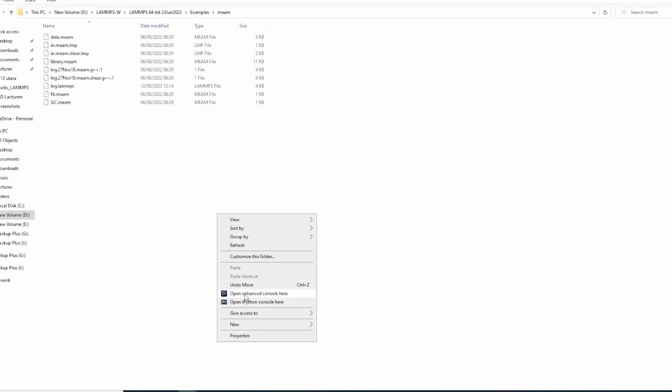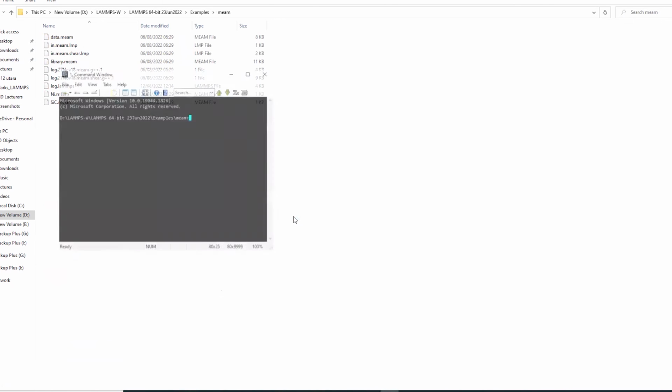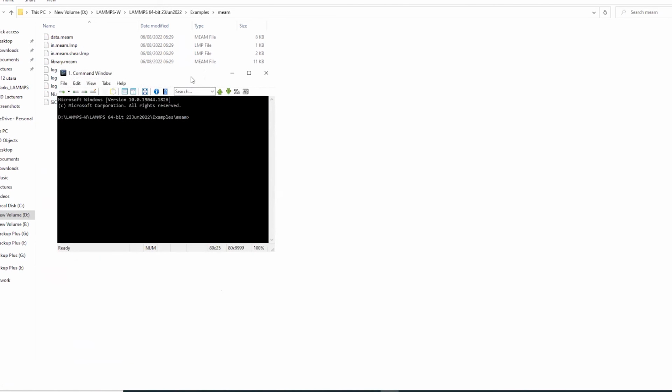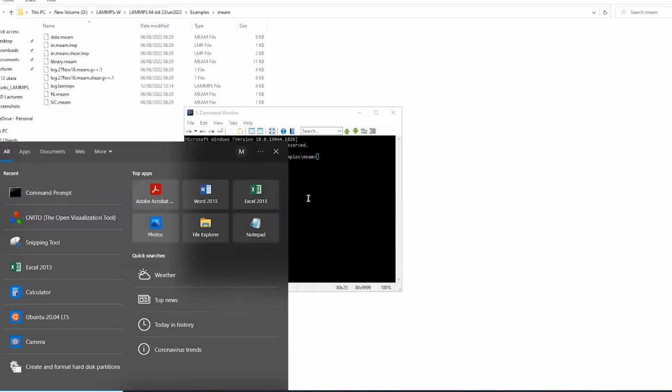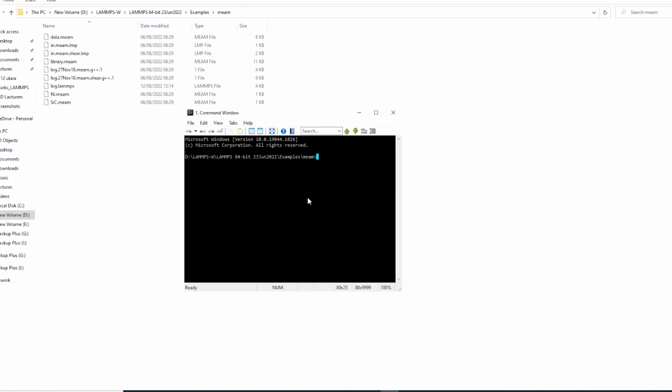Like in my case, I have two consoles here. Command console. So you can directly get that path here. Or if you don't have that option, from the command prompt you can go to that folder.